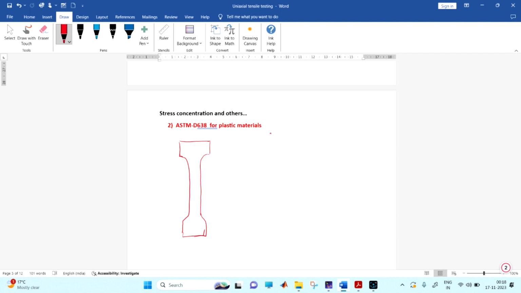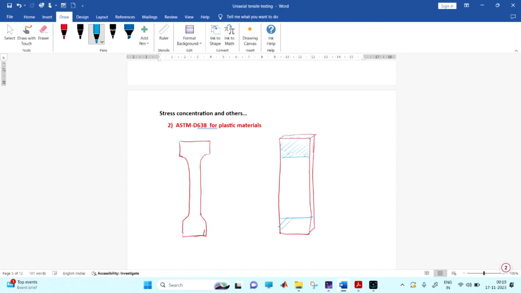Actually, what will happen if we make a straight sample? If we have a straight rectangular sample, first you should know what problem will generally occur. This will be the cross sectional area, this part will be the tab length which will be held by the grips.